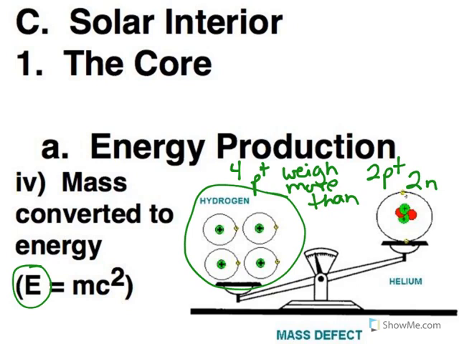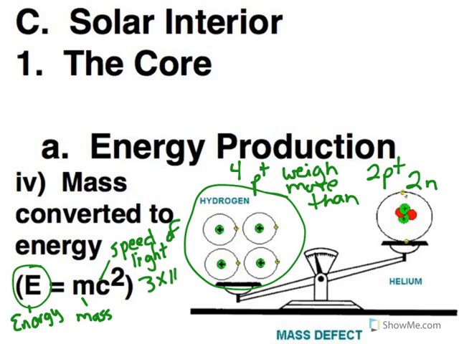Einstein was the one who came up with this idea that you can actually convert mass into energy, and that's what his famous equation is actually saying. E is energy, M is mass, C is the speed of light. And the speed of light is a very big number. In this case, it would be in meters per second, so that's 3 times 10 to the 8th meters per second. And then we're going to square that.